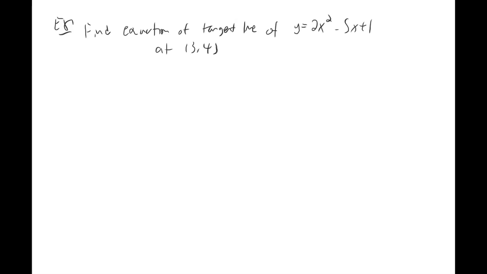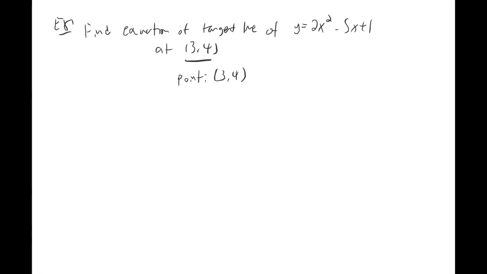For a line, I need 2 points, or a point and a slope. Here I have the point already. My point is 3, 4.